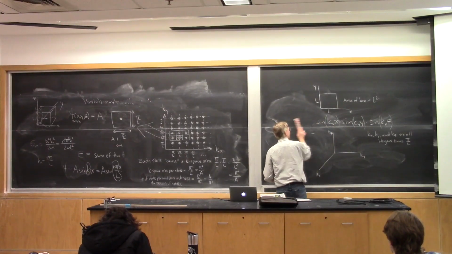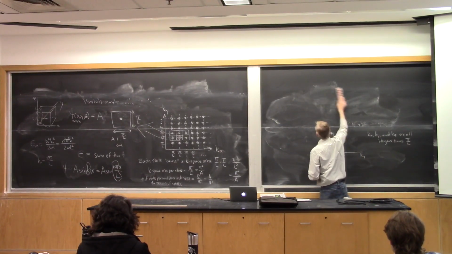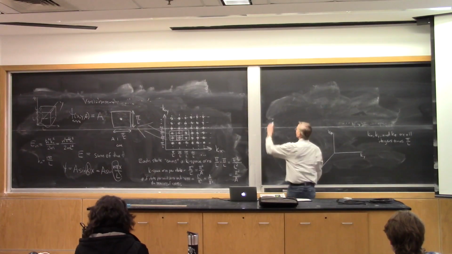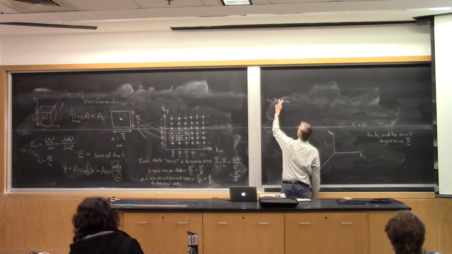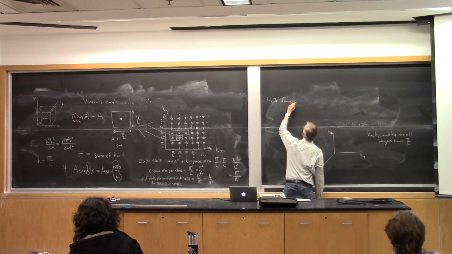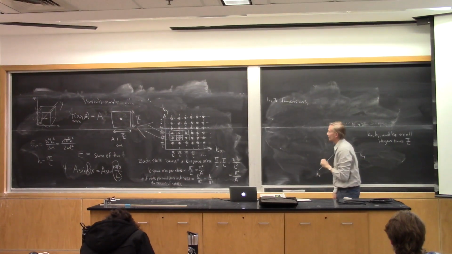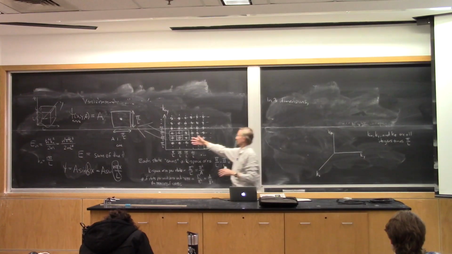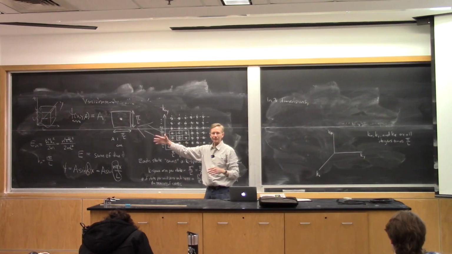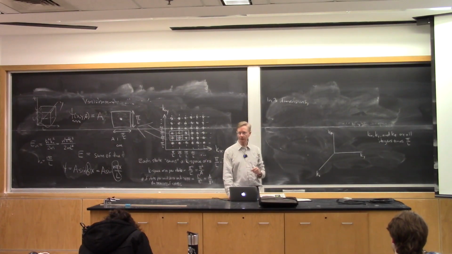So how are we going to modify this for 3 dimensions? In 3 dimensions, we would have a third direction here, and so now each state occupies a volume, if you will, in K-space instead of an area.